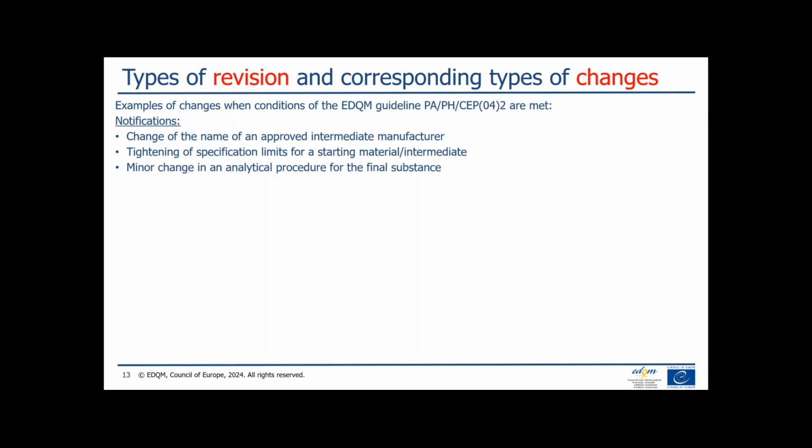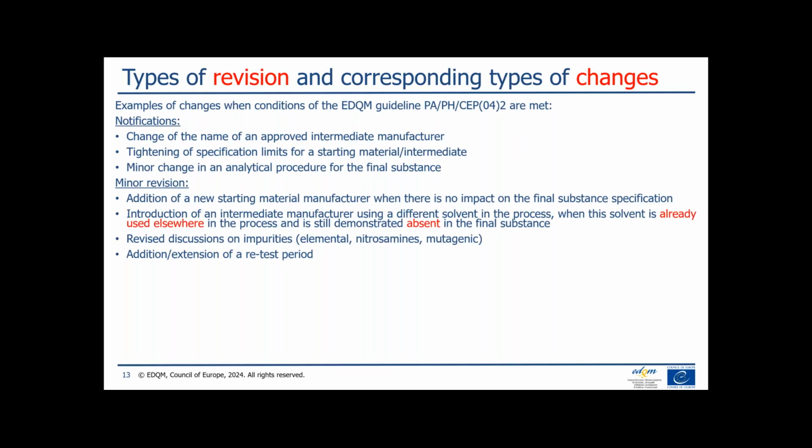If you're changing the name of an approved intermediate manufacturer, or tightening specification limits for intermediate or starting material, or making other minor editorial changes in an analytical procedure for the final substance, this would be a notification. Minor revisions, however, also have several examples just extracted from our guideline.